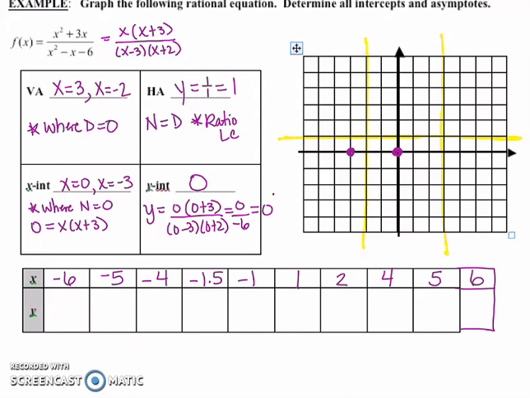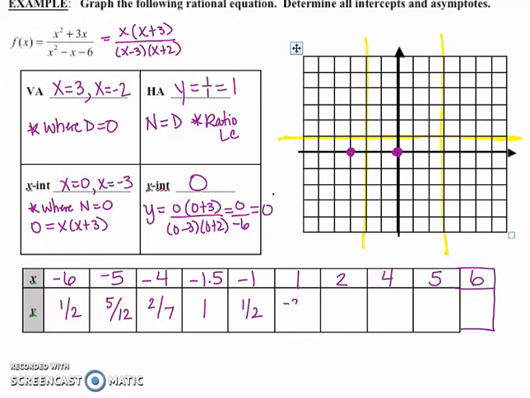Okay, and so now here's where it's handy to have your calculator ready because typing all these in can be kind of a pain. So I'm just going to give you what these values are. When x is negative 6, we have 1/2. At negative 5, we have 5/12. At negative 4, we have 2/7. At negative 1.5, we have 1. At negative 1, we have 1/2.